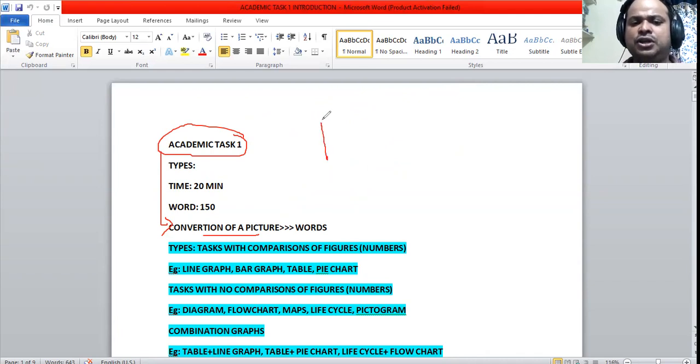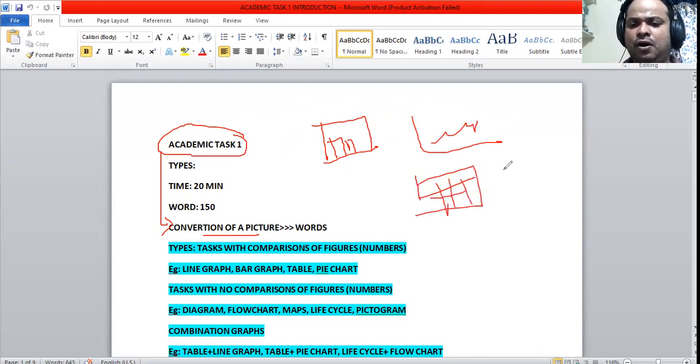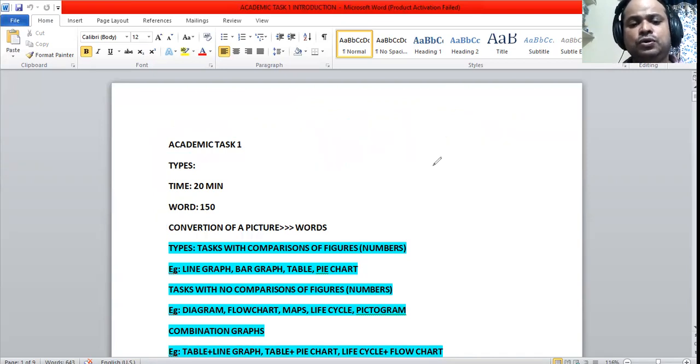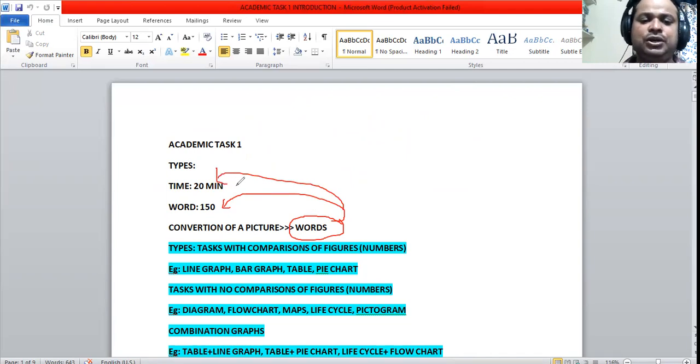It's a conversion of a bar graph, a line graph, a table, a pie chart, a map, a flow chart, or a process diagram to words, of not less than 150 words within 20 minutes. It's ideal to complete this within that time. You have to use formal language here.